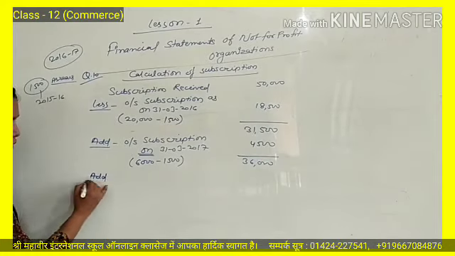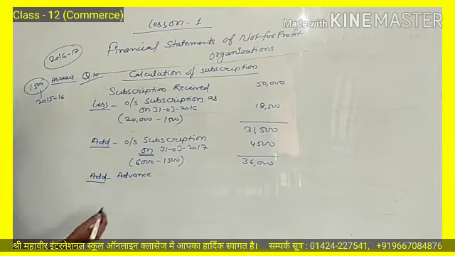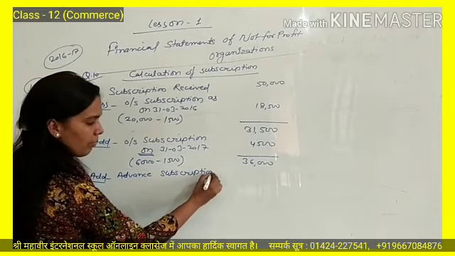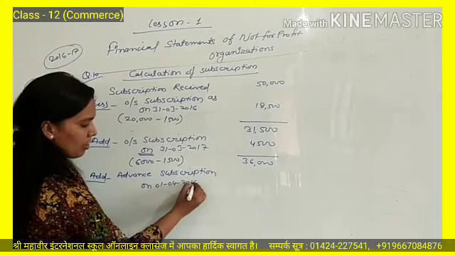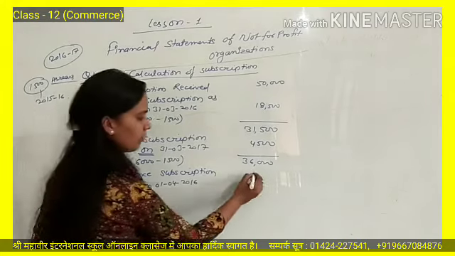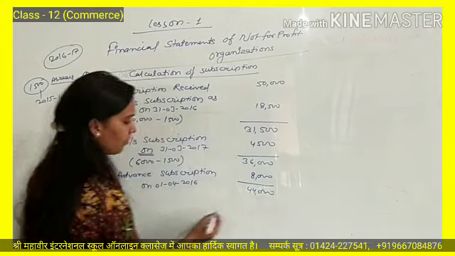Now do the treatment of advance subscription. This is similar to the last question. Advance subscription on 1st April 2016 is 8,000, so 44,000.